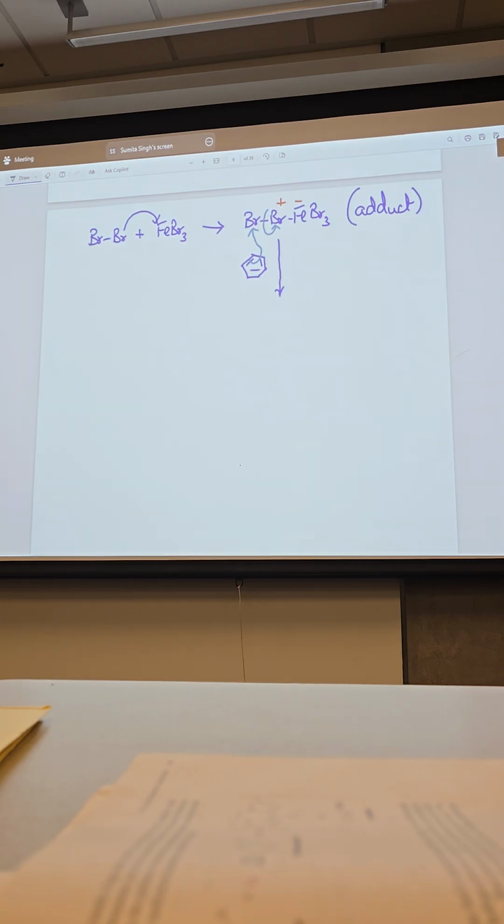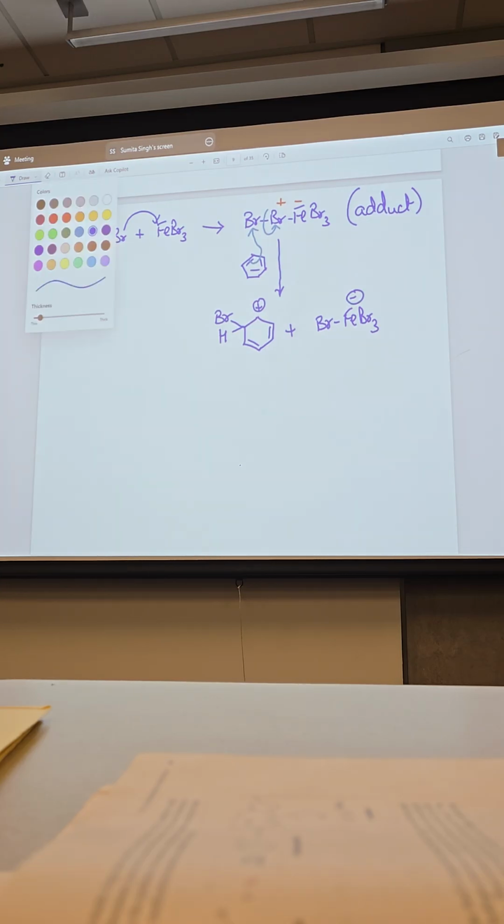That creates a sigma complex. One of the carbons of that pi bond will end up with the Br and also has the hydrogen. The other one has a positive charge. And what does this need to do? The base is going to take a proton.